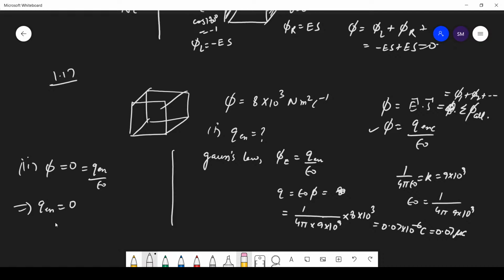So does it mean that there are no charges inside the box? Why or why not? Do we conclude that there is no charge? No. We cannot conclude that there is no charge inside.